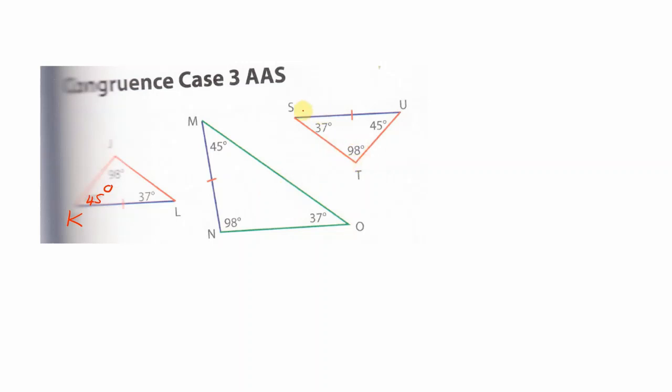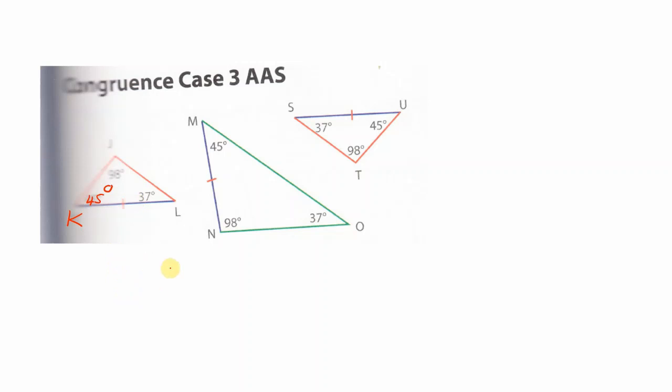So if we now compare SUT to JKL, we can see that opposite the 98 degrees we have a side with one line, and then opposite T we have a side with one line. So here we have corresponding sides and we have at least two angles.